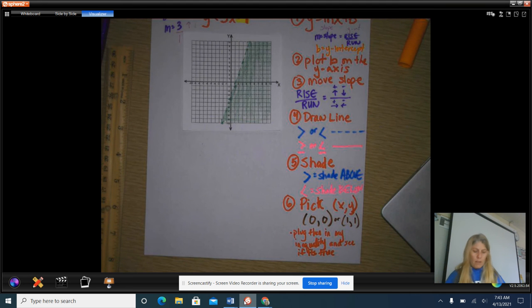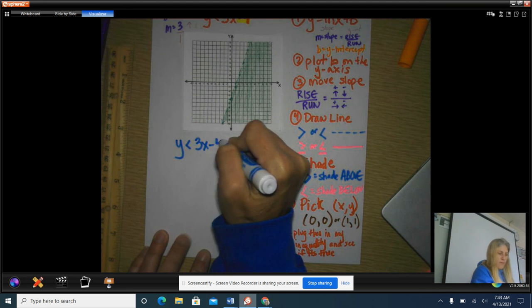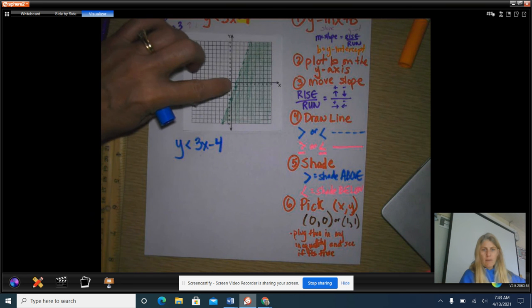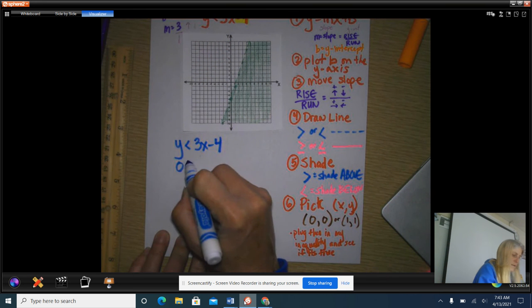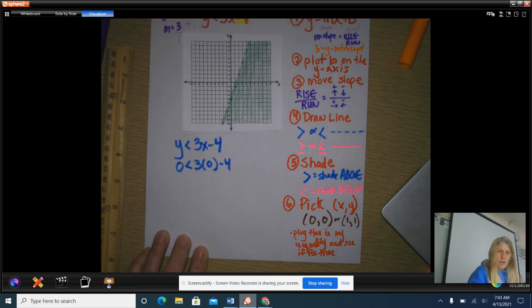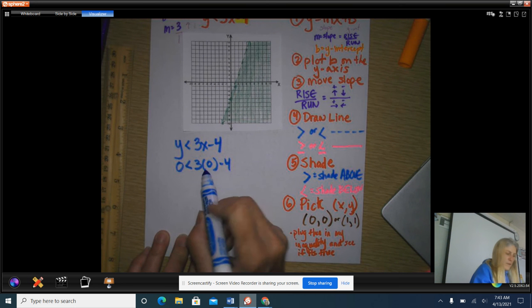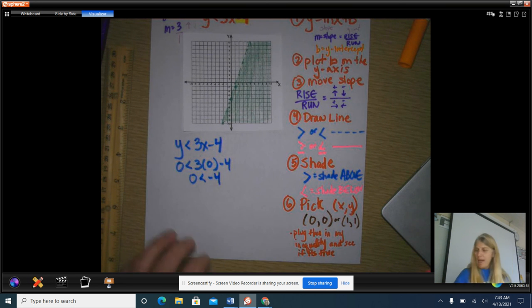So my inequality, as you know, is y is less than 3x minus 4. As you can see, 0, 0 is not on the line. So I'm going to plug in a 0 for y and a 0 for x and then solve. 3 times 0 is 0. 0 minus 4 is negative 4. And so I have 0 is less than negative 4.